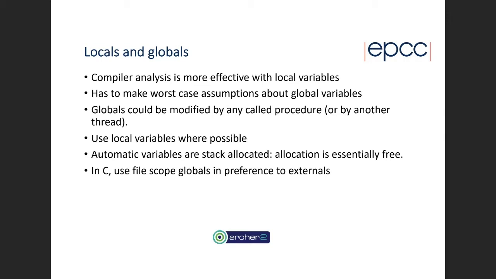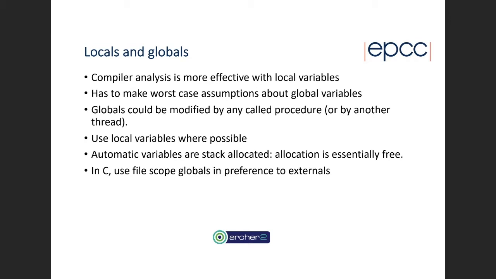Some people worry about local variables causing performance loss, but automatic variables are stack allocated, and their allocation is essentially free. If you declare local variables inside a subroutine or a function, the allocation of those variables is done on the stack.